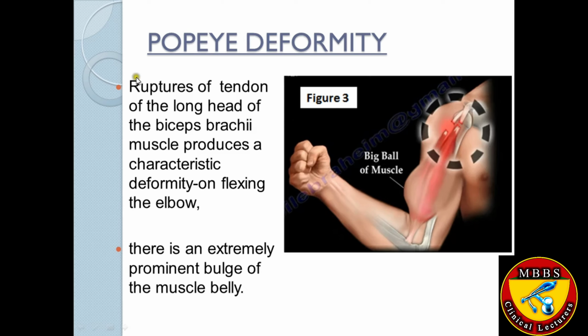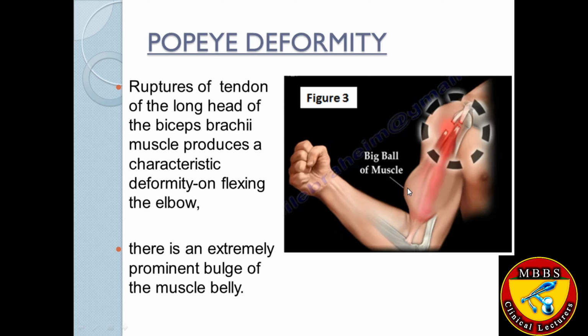Now look into the figure. When there is a road traffic accident or any injury, there is rupture of the tendon of the long head of biceps brachii. It produces a characteristic deformity on flexing the elbow. There is an extremely prominent bulge of the muscle belly.